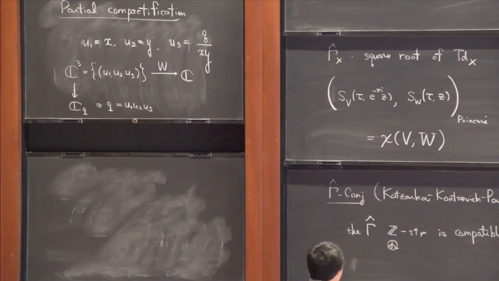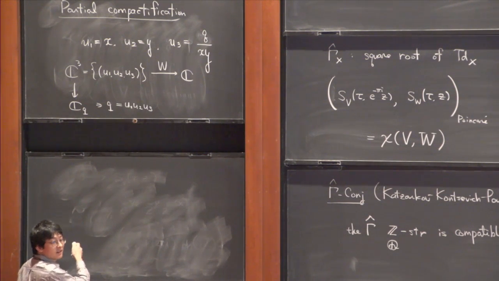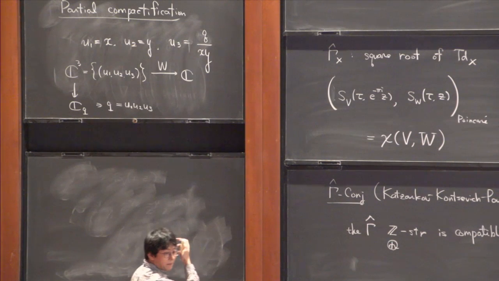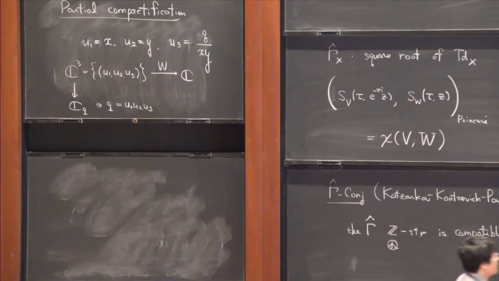Yes, you fix some value of q and then look at the fiber. If q is non-zero, this is the previous picture. This is just a very simple thing.